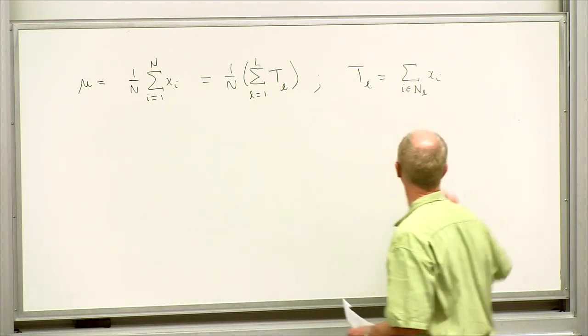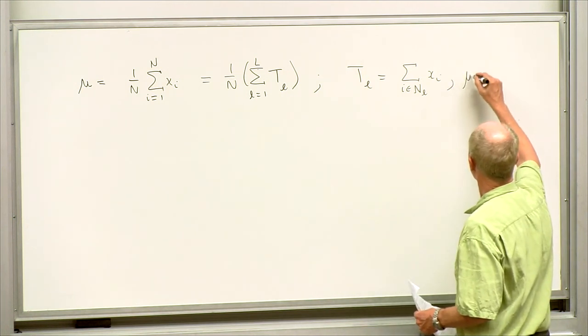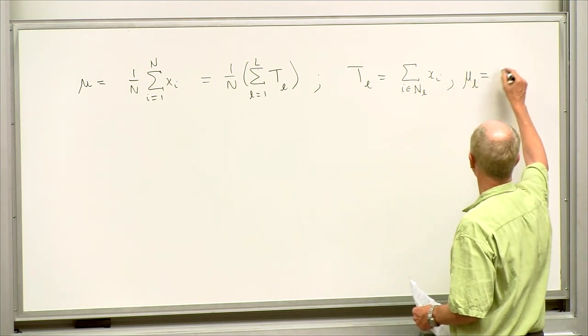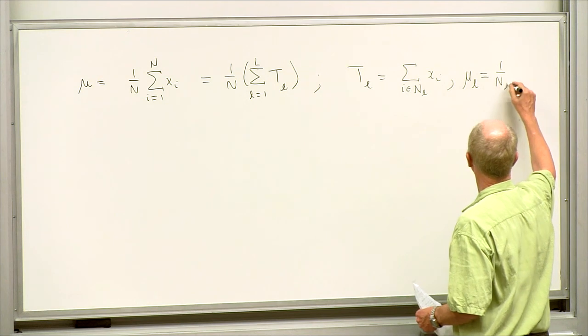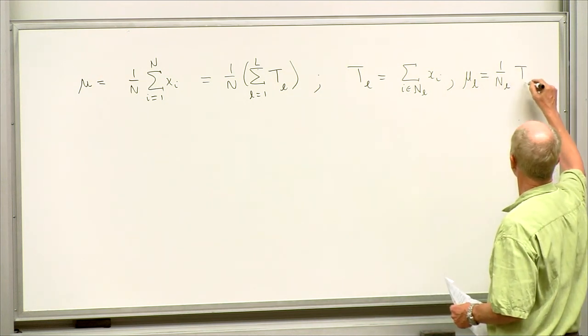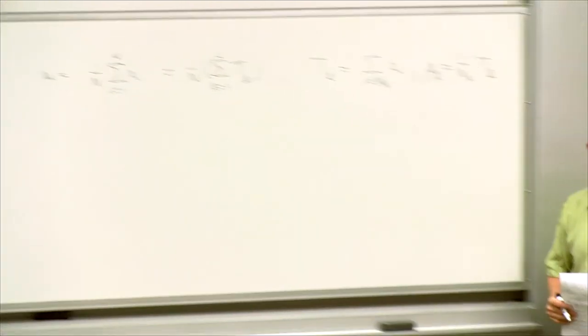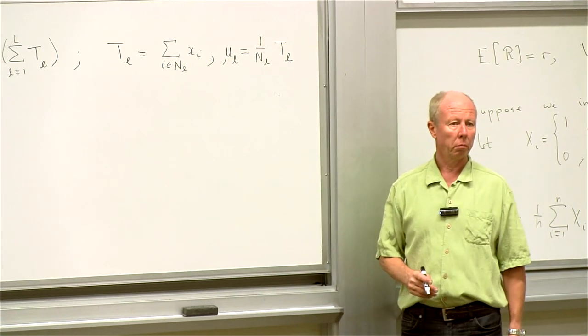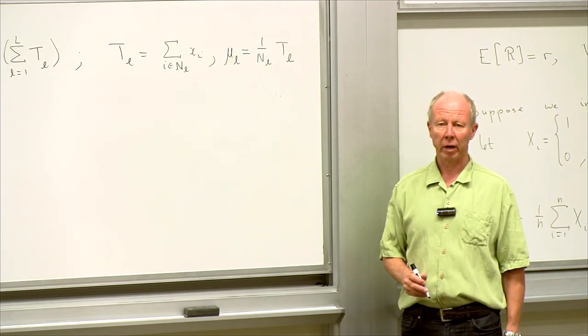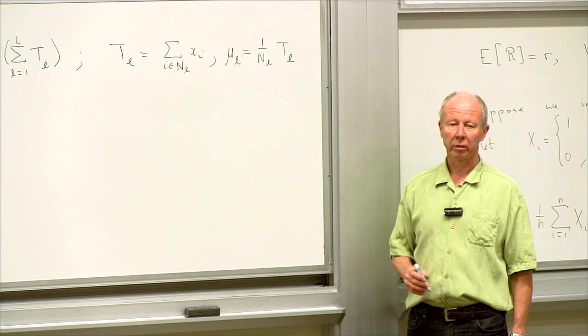And I would probably call the mean in strata L this thing. That would be the population mean in strata L. How do you get the mean from the total?